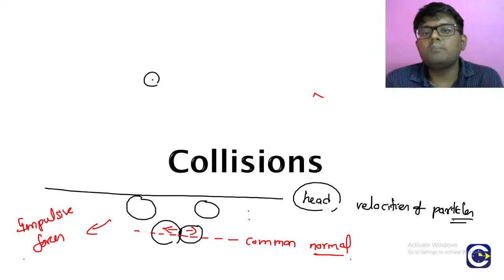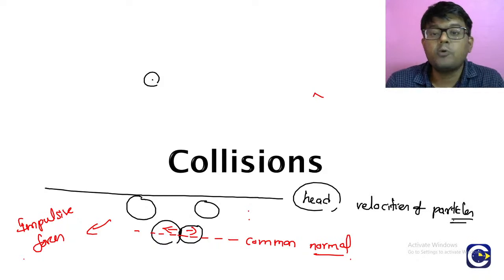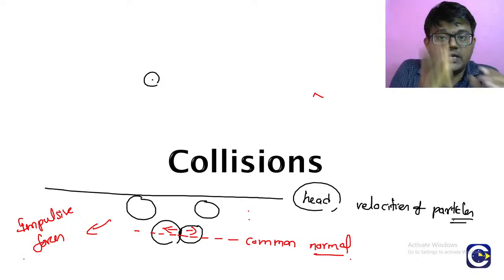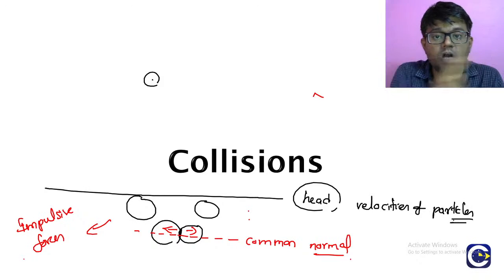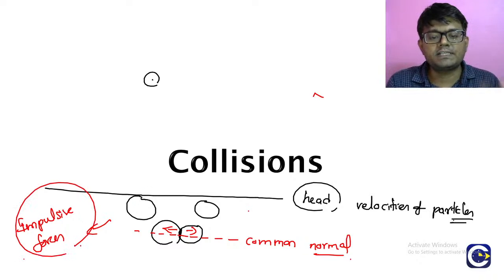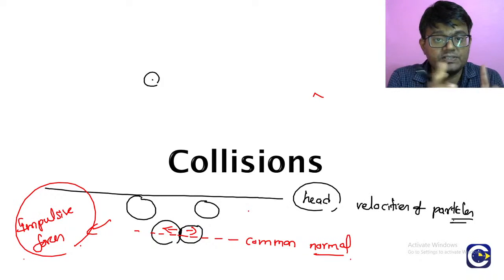When it comes to the oblique collision, we are going to see something different. The important point about head-on collisions is that when you look at the macro objects colliding, you can draw the common normal at the contact surface, and the velocities of the particles will be confined to that common normal direction. The impulsive forces may change the magnitudes and directions of velocities.